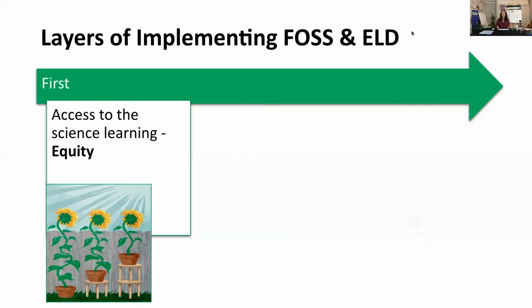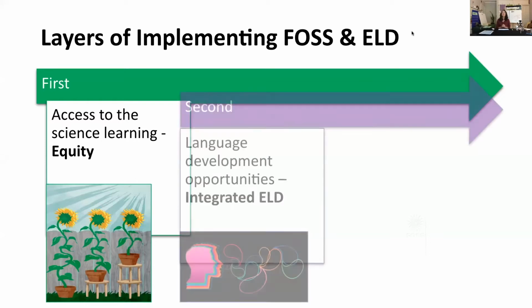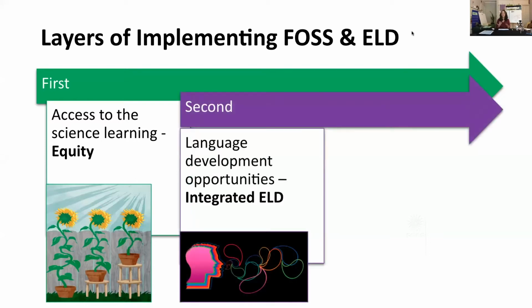So making sure that all students have access to the science learning. So we're going to focus on that today. The second stage or layer is, now that you've engaged and know your students have access to science learning, they're able to participate, then it's time to look at those ELD standards and say, okay, how am I using this opportunity to really develop language?